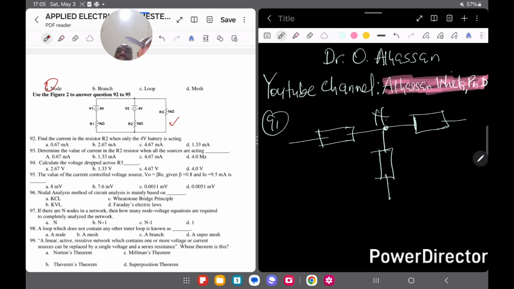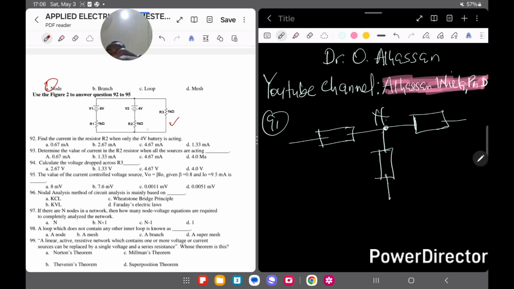If you look at figure 2, we have two voltages: V1, 6 volts, and V2, 4 volts.